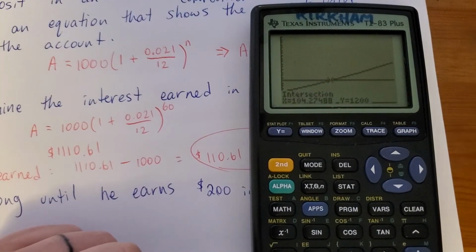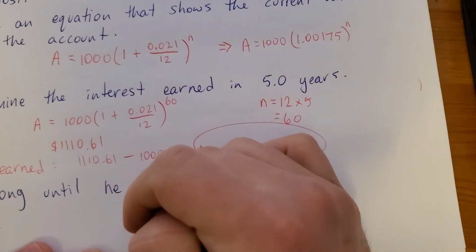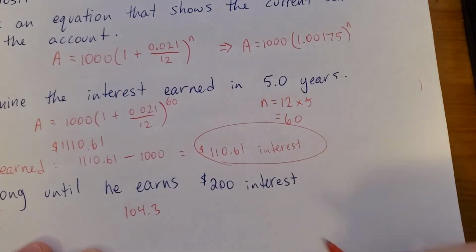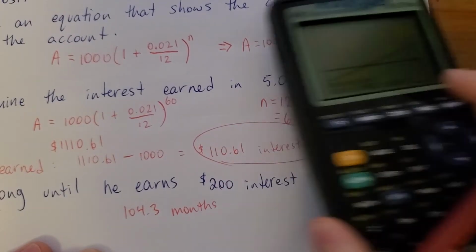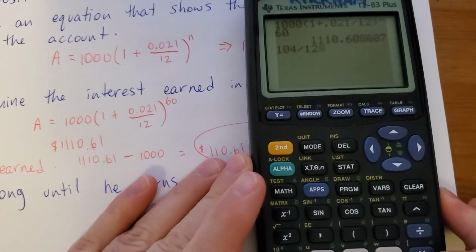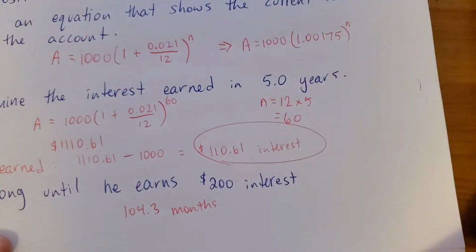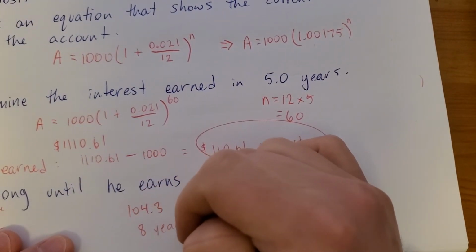All right, so we get 104.3, but remember, that's compounding periods. This is compounded monthly, so it's 104 months. I'm way more interested in years, so that's about 8 2/3 years. So we'll say 8 years.